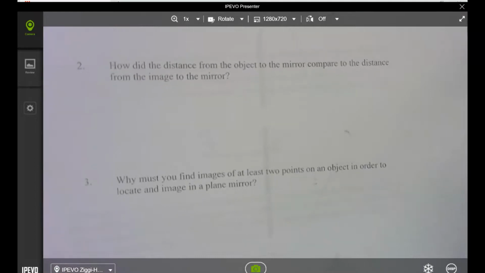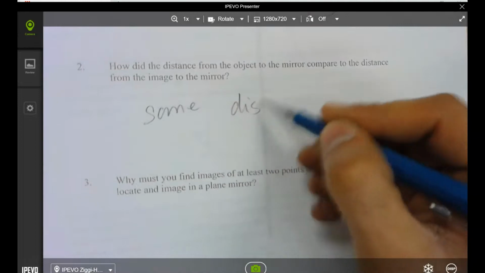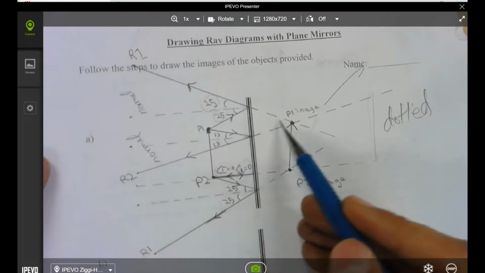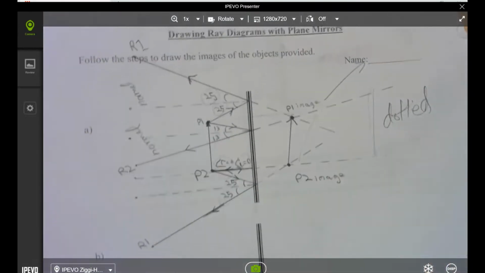How does the distance from the object to the mirror compare to the distance from the image to the mirror? Yes? Same distance. The mirror is halfway in between the object and its image. Right? And we saw that yesterday as well. If we measure these distances from here to here and from here to here, they will be the same distance. Or they should be if all the angles were correct.